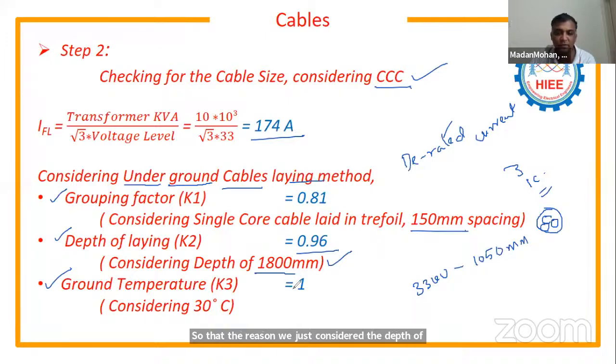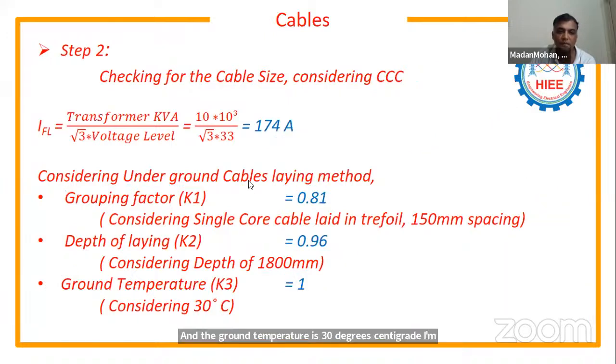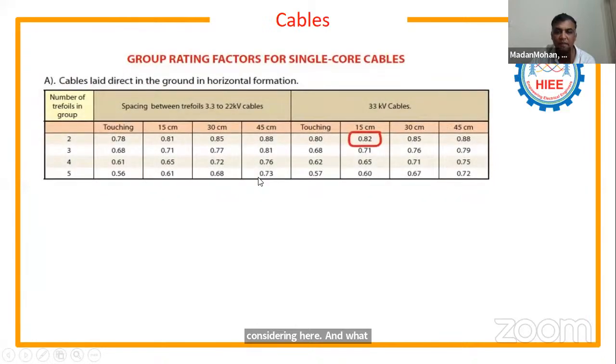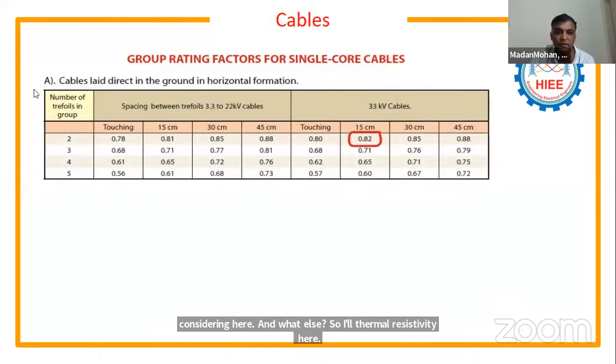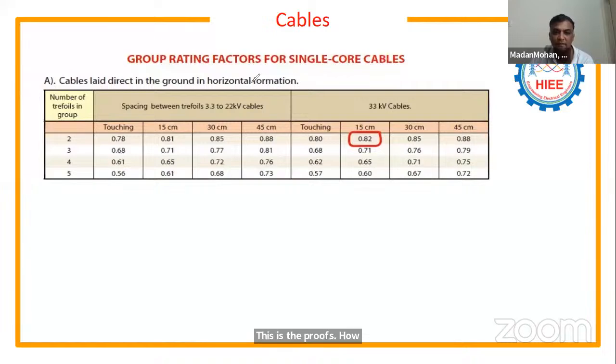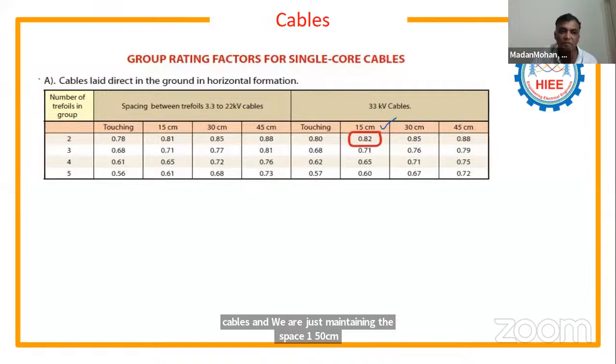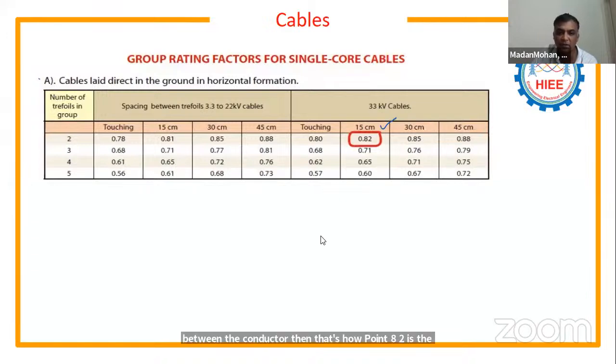I'll give you the reference, don't worry. The ground temperature is 30 degrees centigrade here. And what else? Soil thermal resistivity. These are the proofs of how we are taking the factors. This is the group rating factor. I'm going with 33 kV cables and maintaining a space of 150 mm between the conductors. Then 0.82 is the derating factor as per the cable manufacturer catalog.